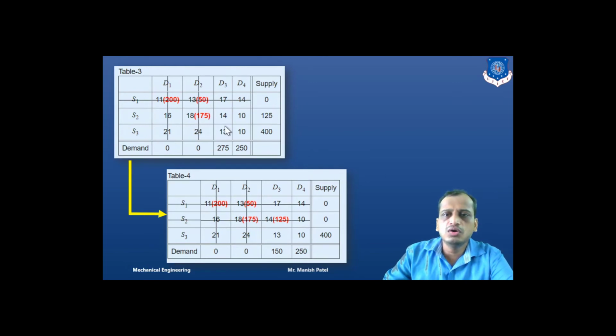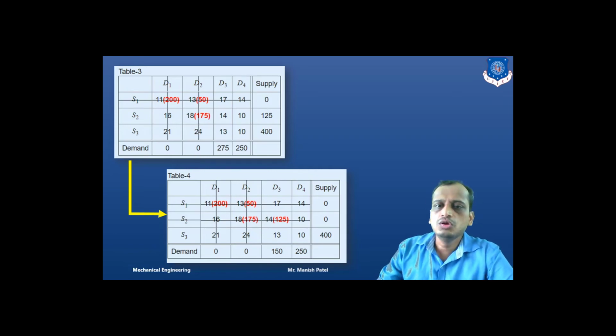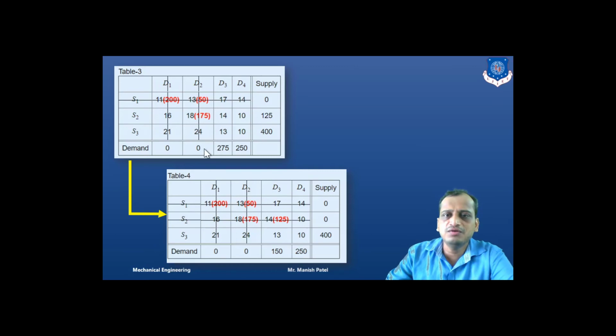And we also allocate whatever is left from 225. What is left here? 175. We will allocate 175 here, which is the northwest corner. So the demand is fulfilled here. With 175 already allocated, what is left is 125. Again we will allocate 125 here, the northwest corner.